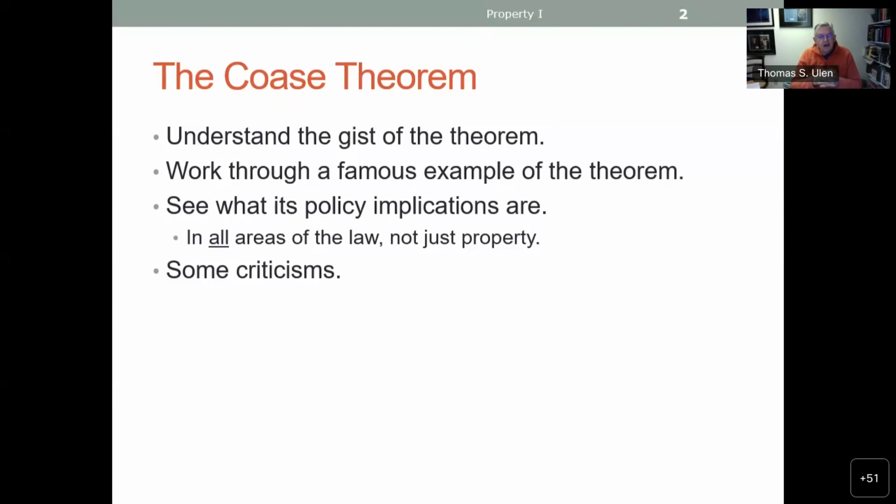The Coase Theorem helps us begin to think about these extraordinarily big questions about property and its role in enhancing societal well-being. The Coase Theorem starts by asking us, how important is it to assign the property interest to the right person or organization or group or society?